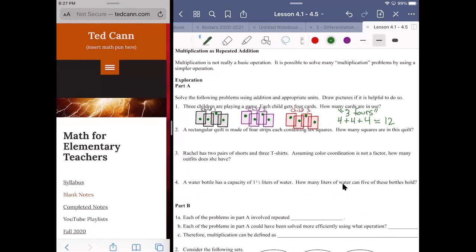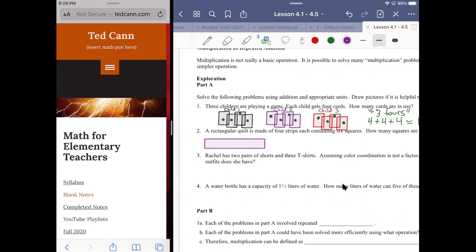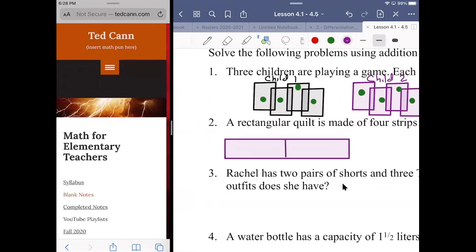A rectangular quilt is made of 4 strips, each containing 6 squares. All right, so how many squares are in this quilt? So 4 strips containing 6 squares. So I'm going to draw a strip, and I'm going to have it contain 6 squares.